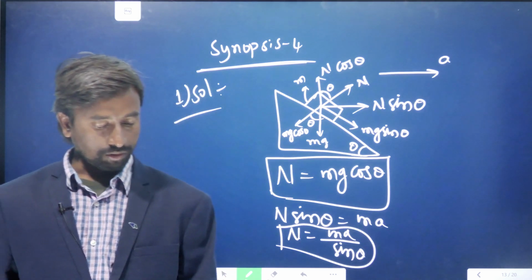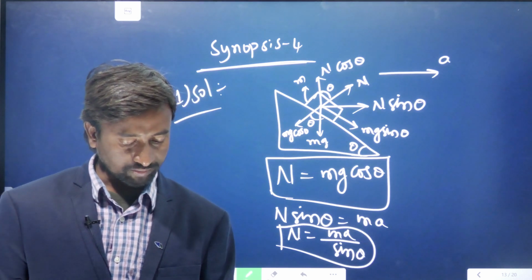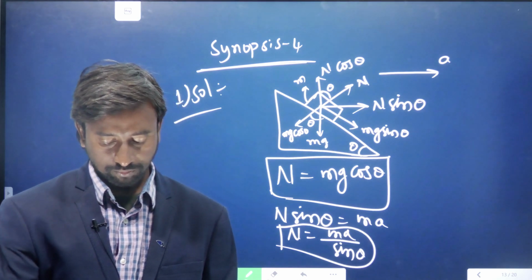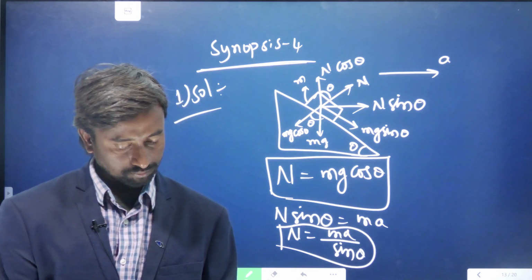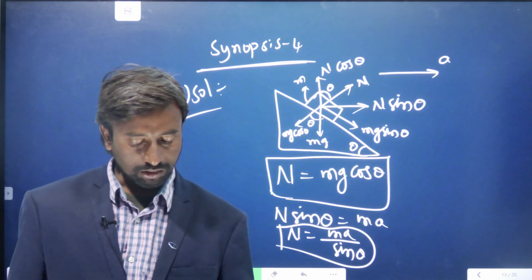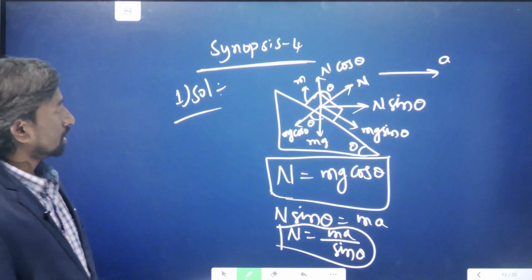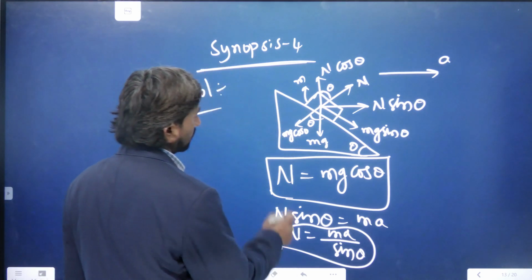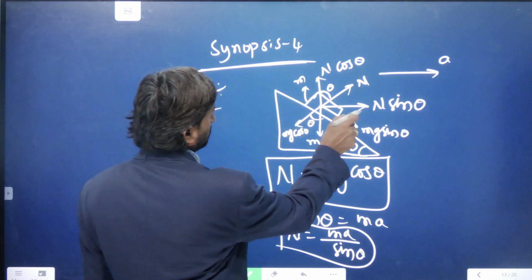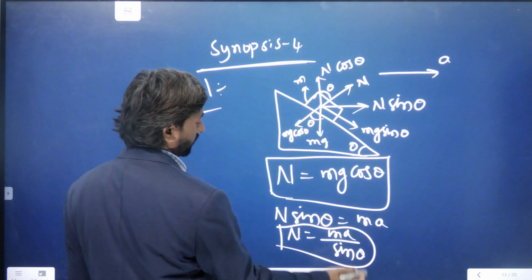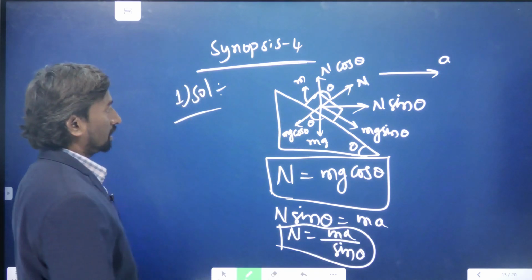Okay. So in the first one, you see that it is moving with acceleration. The block does not slip. This block does not slip means this block is moving horizontally. If it is moving horizontally, then N is equal to ma by sin theta we will get.